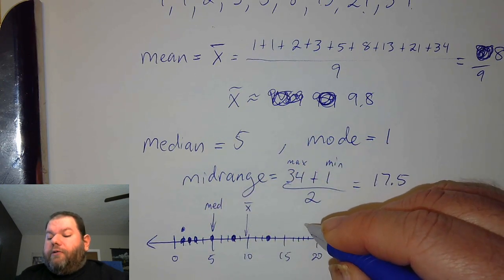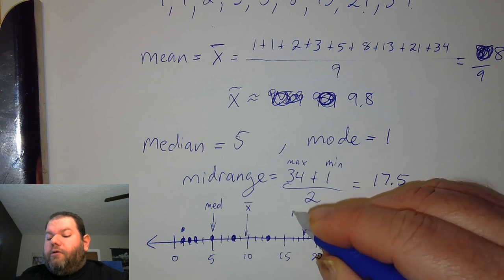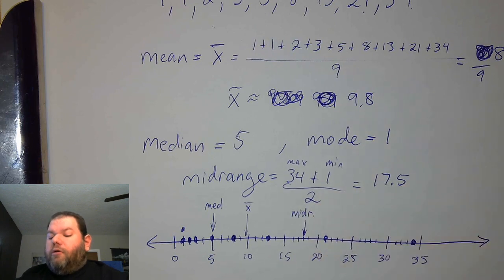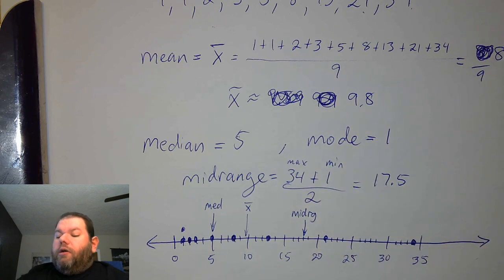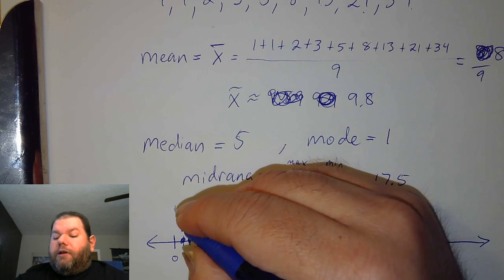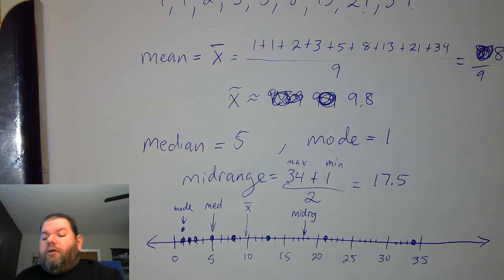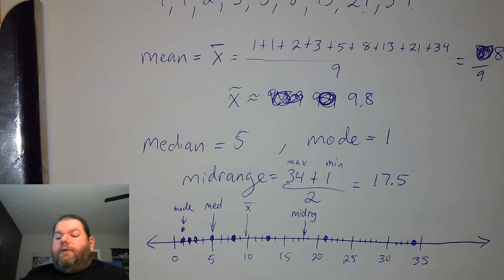Our mid-range is over here. And finally, our mode, of course, was at the very beginning. Which of those looks like a better representation of what we would think of as the center of this data set?